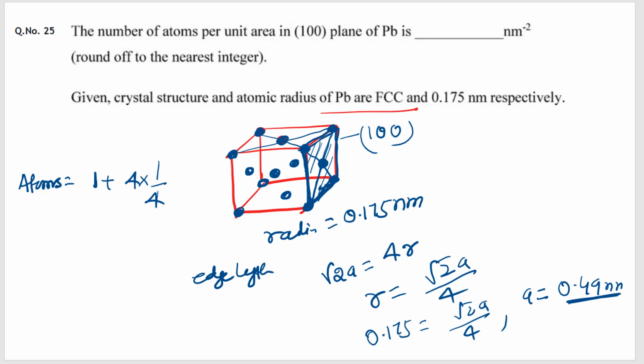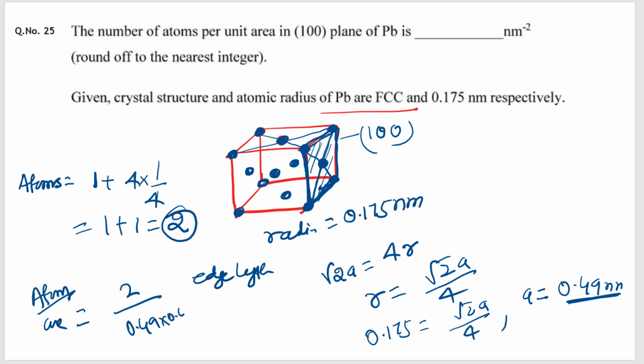So 1 plus 1, that is 2, right? Okay, so atoms per unit area, nothing but 2 divided by area, that is 0.49 into 0.49, that will be equal to 8.32. Right, this is the answer.